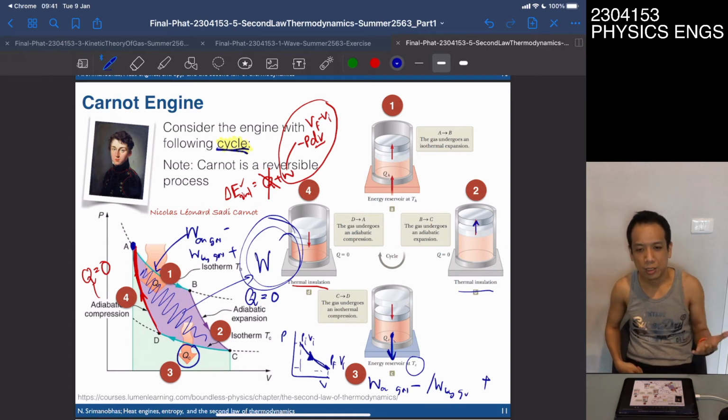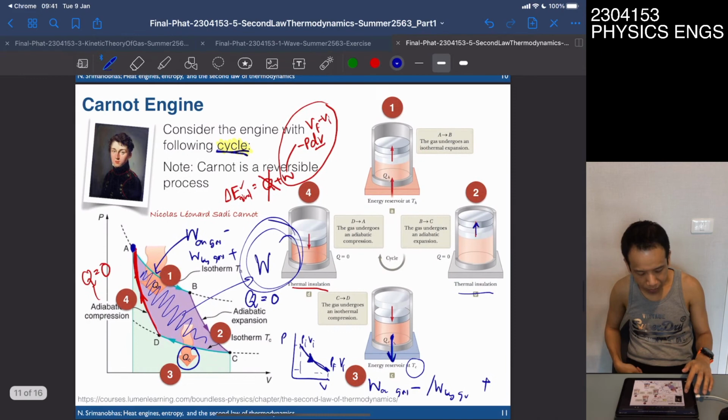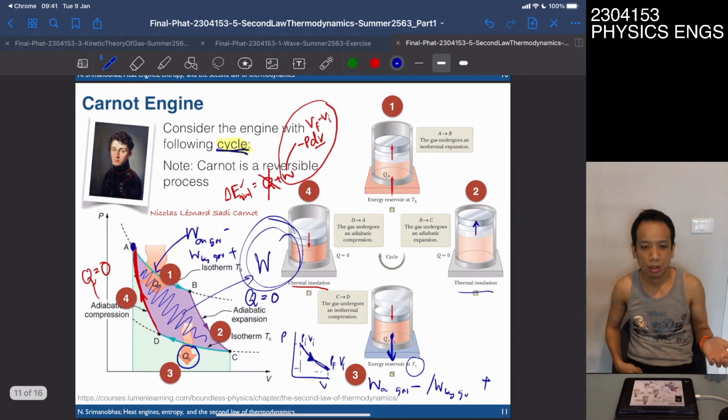You put some energy in, you want it to make the work done happen, and as it cannot be perfect, by the statements, you have heat transfer out on the cold side, to the cold reservoir.